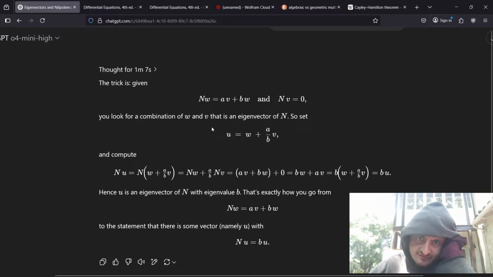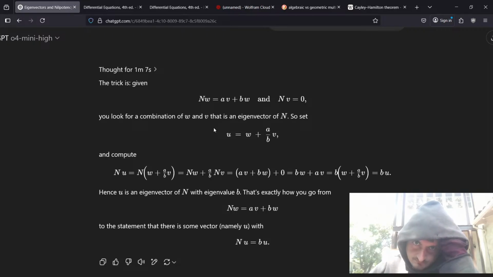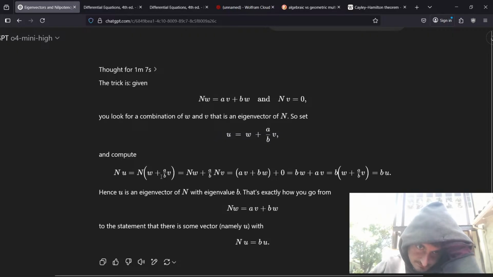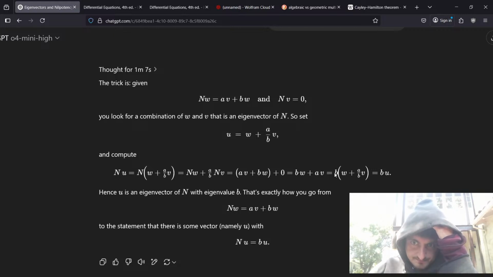You look for a combination of W and V, which is equal to BW plus AV, which is equal to B times W plus.